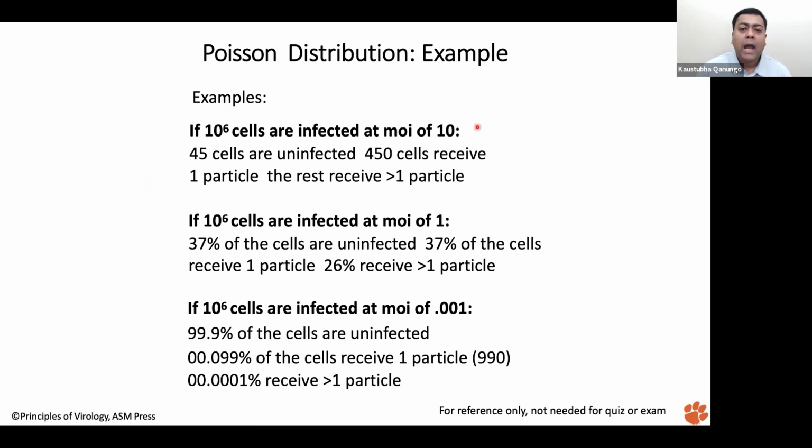So why is this so important and where do we use this? To have a synchronous infection and to study a single burst growth curve when we are assaying, we will actually infect the cells at a particular MOI.